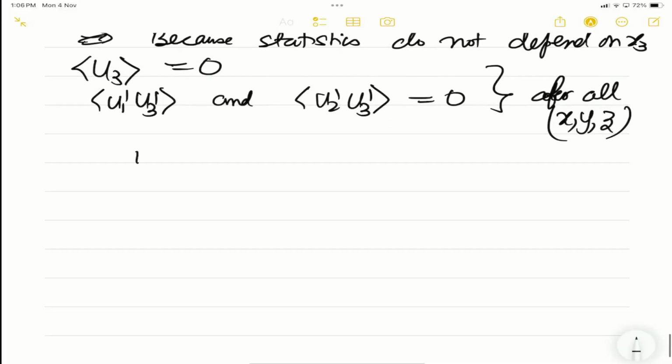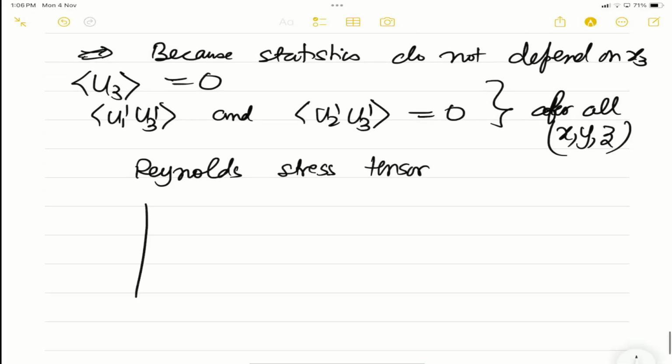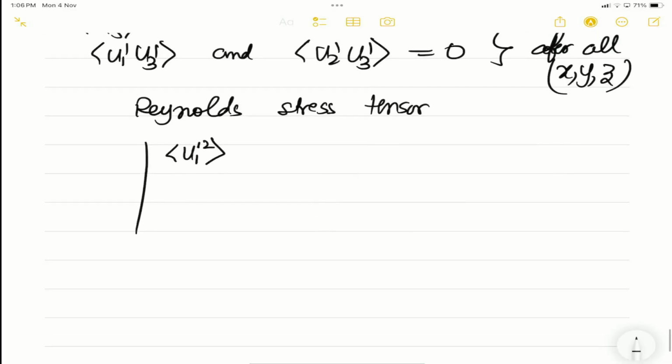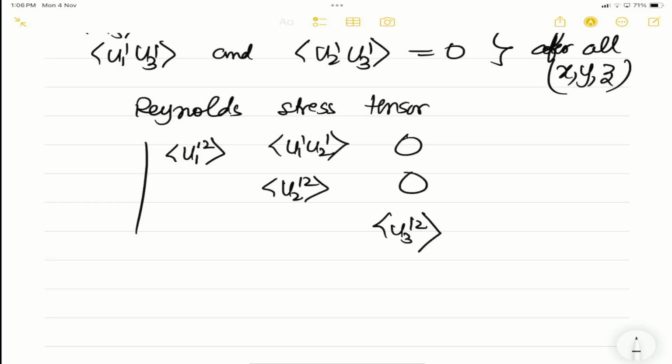And in this case, the Reynolds stress tensor will look like this.